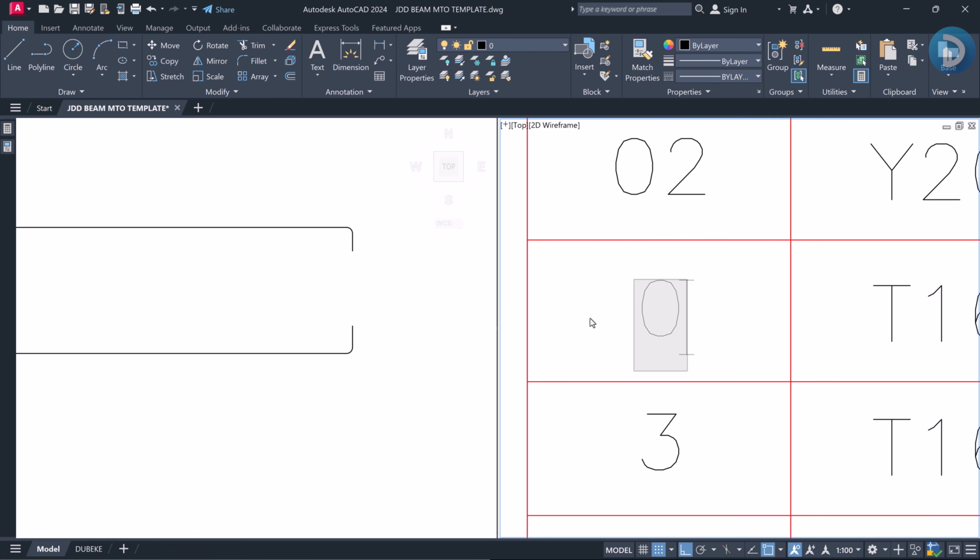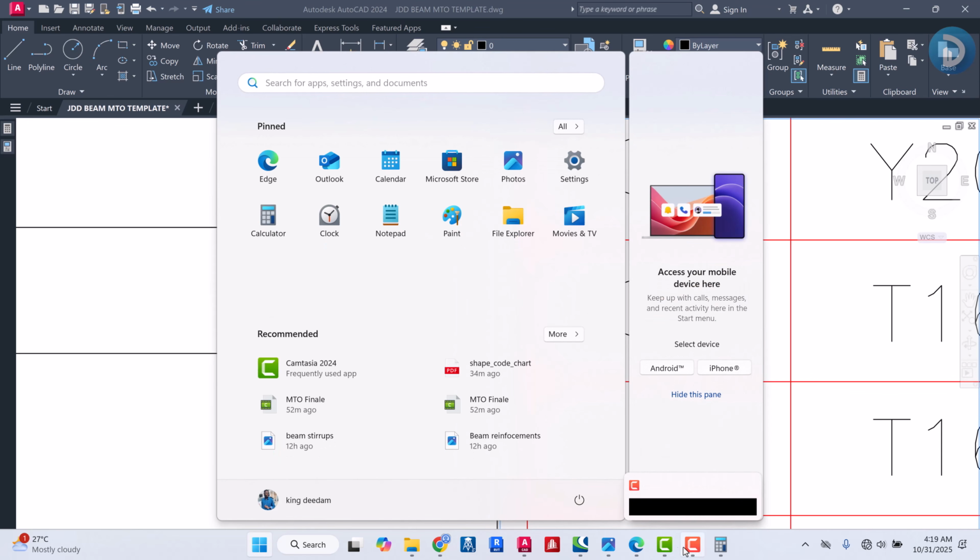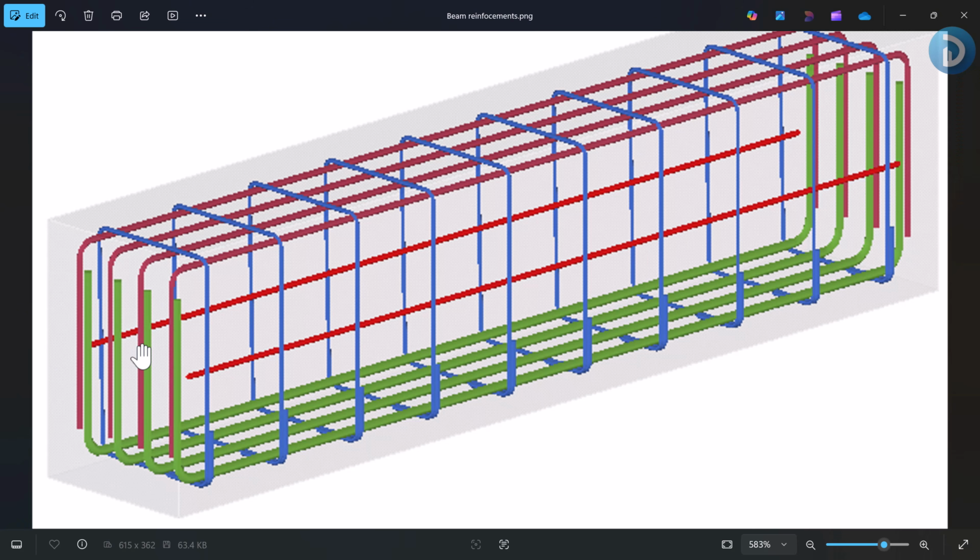Our bar mark 03 is a straight reinforcement. By looking at this picture, you will see that this is a straight reinforcement, and it will most likely start just after our concrete cover as well, right? Although it can move, let's say 50 millimeter inward, let's keep it just after the concrete cover.